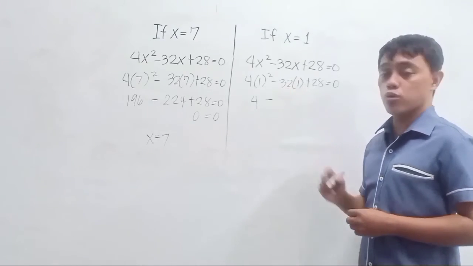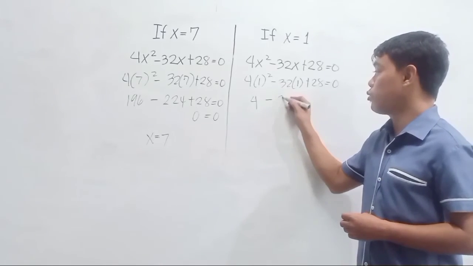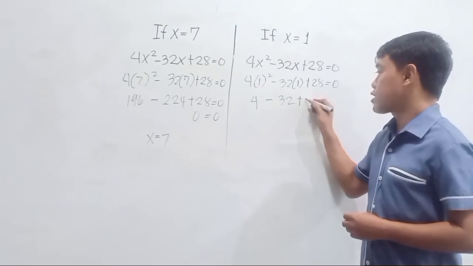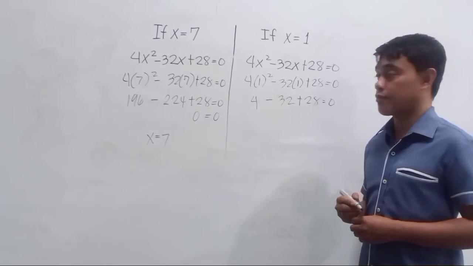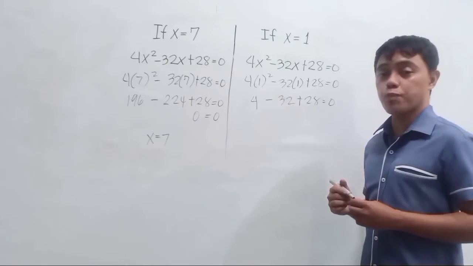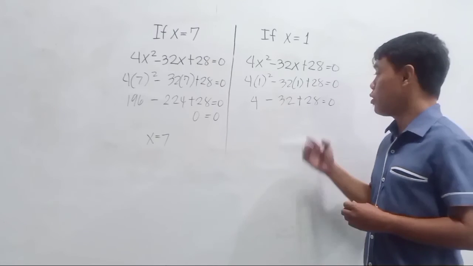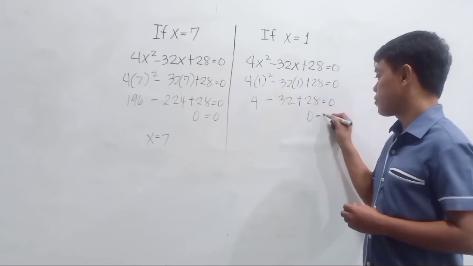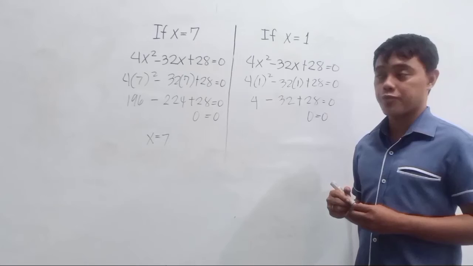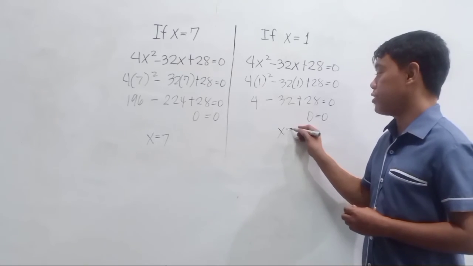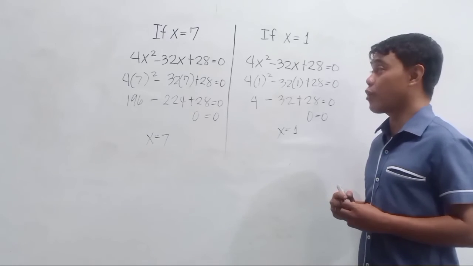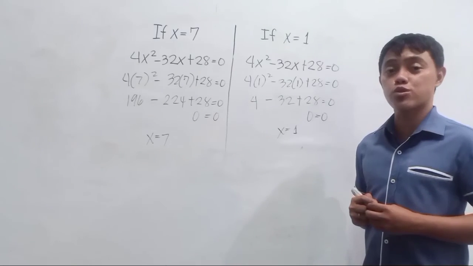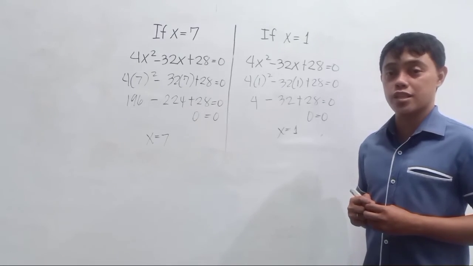Minus 32 times 1 is equal to 32. Plus 28 is equal to 0. 4 minus 32 plus 28 is equal to 0. Therefore, x is equal to 1 is also a solution of the original equation 4x squared minus 32x plus 28 is equal to 0.